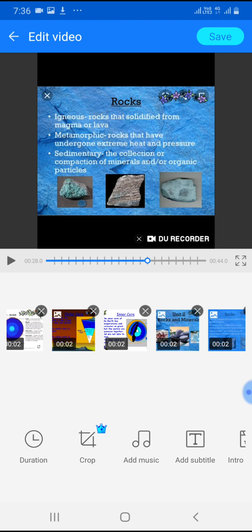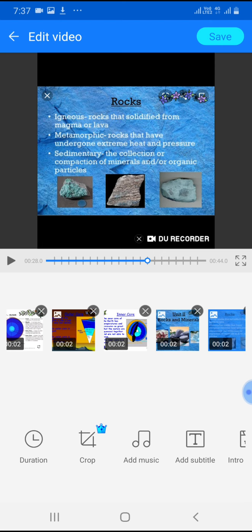Let me first tell you about the igneous rock. Igneous rocks are also called primary rocks. They are of two types, intrusive and extrusive. Extrusive igneous rock has a very fine-grained structure, for example, basalt. Intrusive igneous rock is formed deep inside the earth, for example, granite.